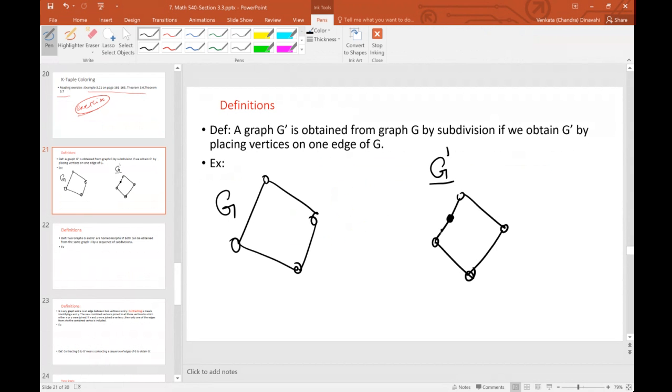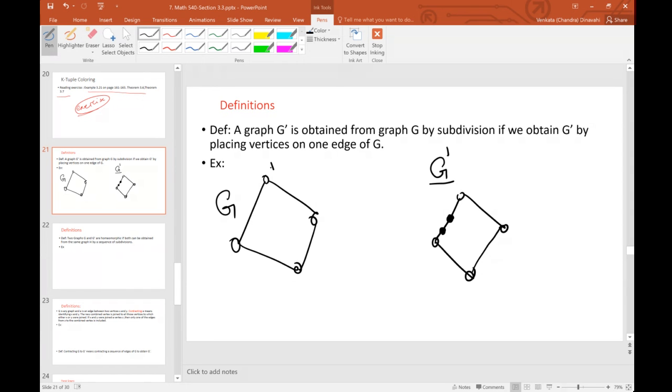Maybe I'll put one vertex here, maybe I'll put one more there, and I'll put one here. You will call this G prime a subdivision of G by placing vertices on an edge. I don't want to put more than one, so let us erase this. This is called subdividing this graph G.